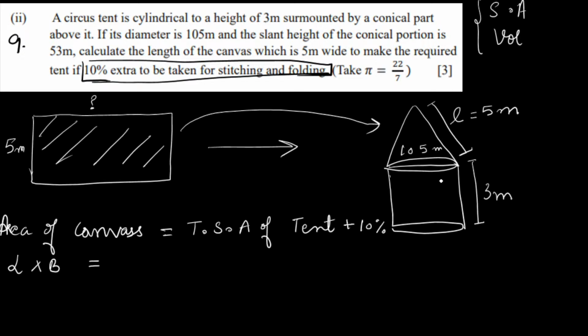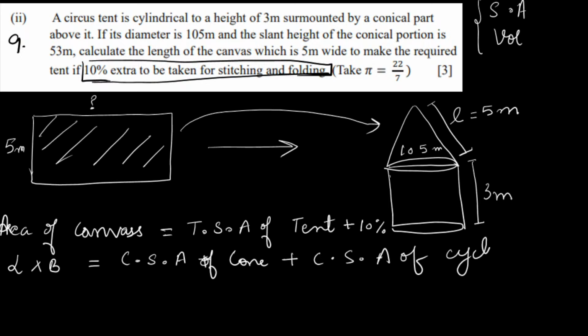Total surface area will be curved surface area of cone plus curved surface area of cylinder. And in that, 10% of this area we have to add.